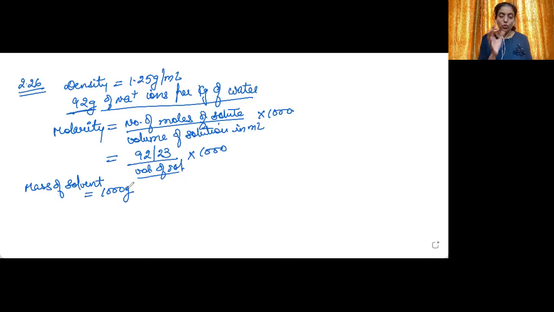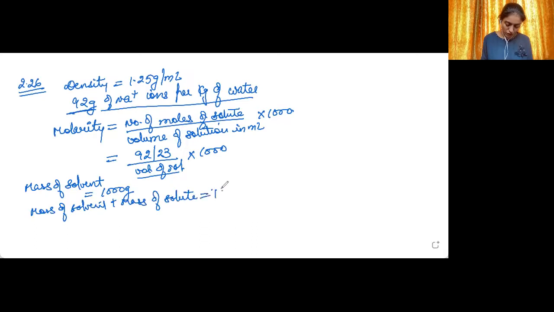Okay. Now total mass of solution will be equal to mass of solvent plus mass of solute, is equal to 1000 plus 92. That is the total mass of solution. Okay, now because this is quite dilute, you can ignore 92 if you want to. You can include it if you want to.